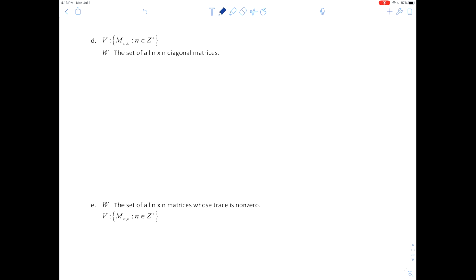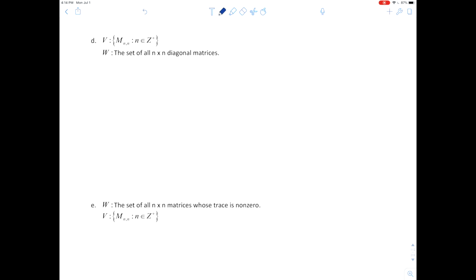All right. And part D, V is the set of square matrices of order n such that n belongs to the positive integers. That's our big set. And then W is the set of all n by n diagonal matrices. So what do we think? So this is basically all the possible diagonal matrices, right? As long as n is an integer, which makes sense.